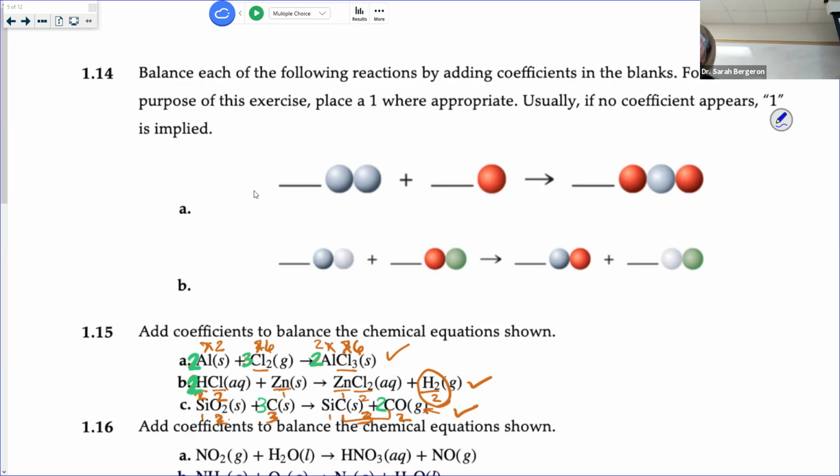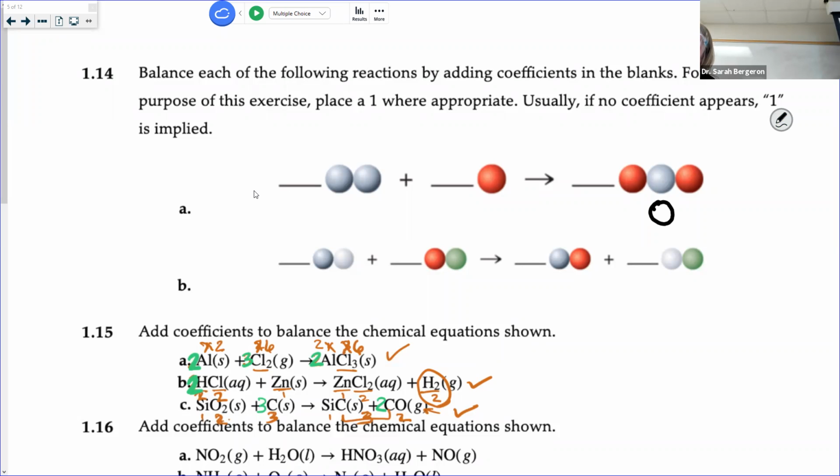So let's talk about the grays first, though. I have 2 grays on the reactant side and I have 1 in the product. If I can't take away from the reactant, what do I need to do? I need to add to the product. So I can't just add a silver atom. If I'm going to draw a black, that's going to be my representation of a silver atom.